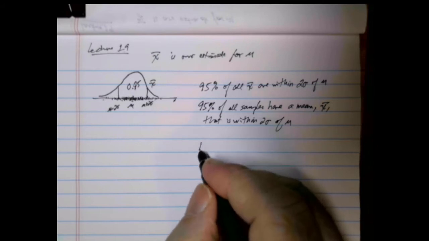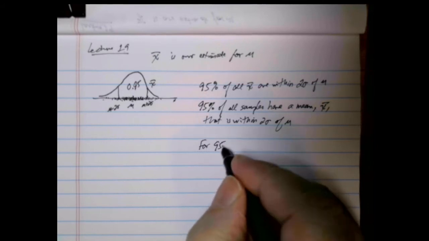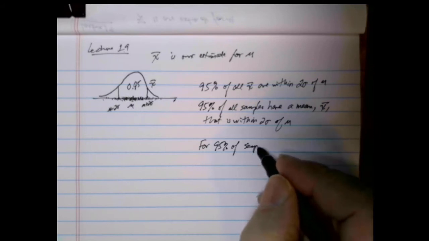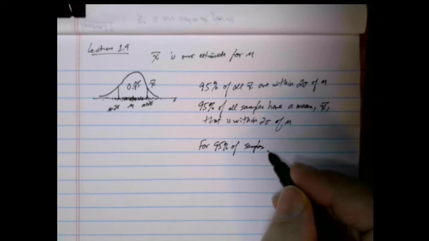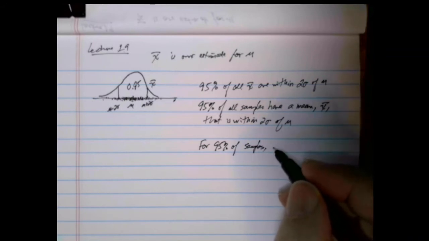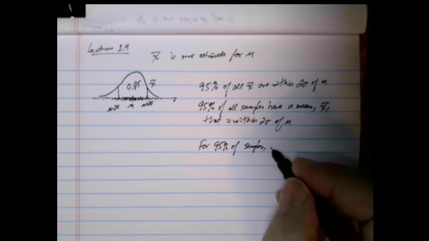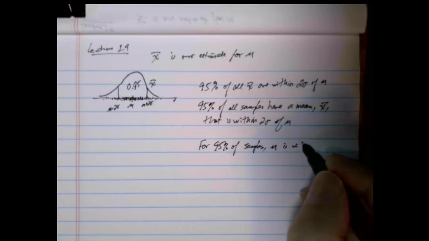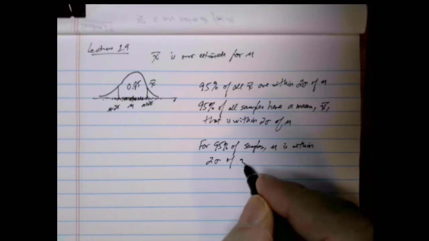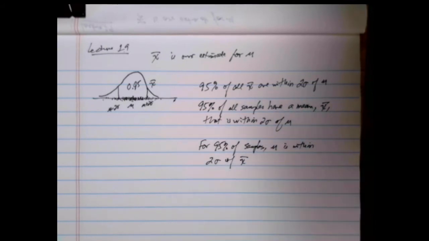Equivalently, for 95% of samples we could choose of this particular size, for 95% of all those samples, mu is within 2 sigma of X bar. And that allows me to do this.